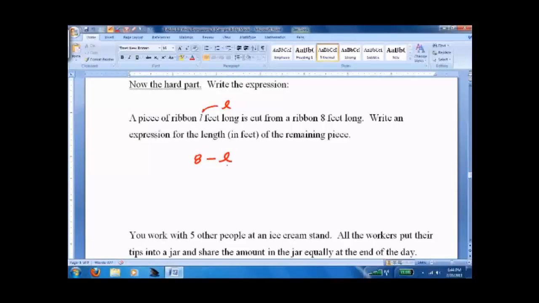And whatever's left over will be 8 minus L. That's an expression. If we wanted an equation, which we'll get to shortly, and we said, let's call the remaining piece P, it would be P equals 8 minus L. But we'll get to that soon enough. Gotta crawl before we walk first.